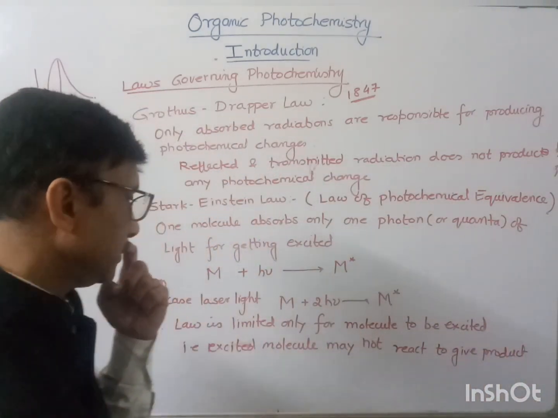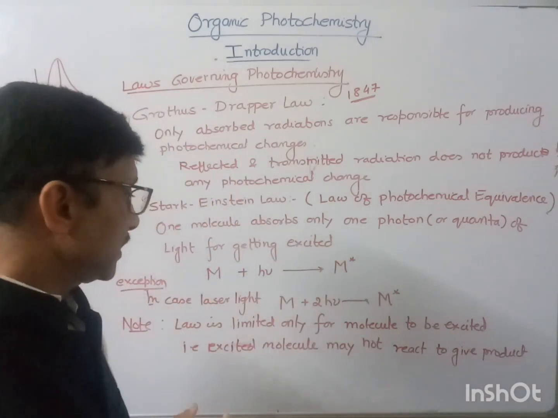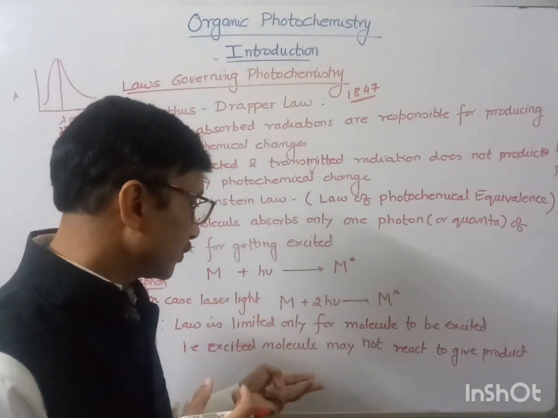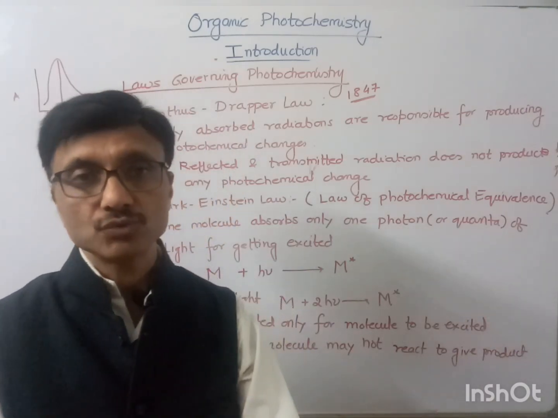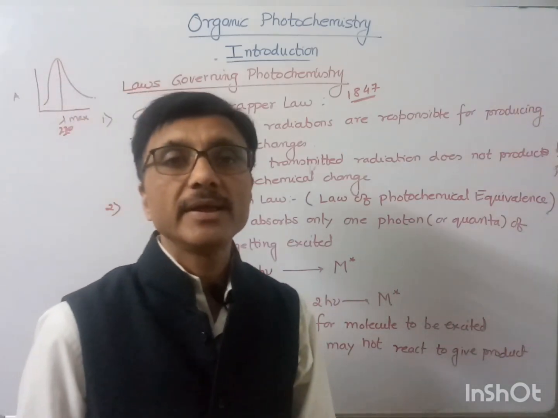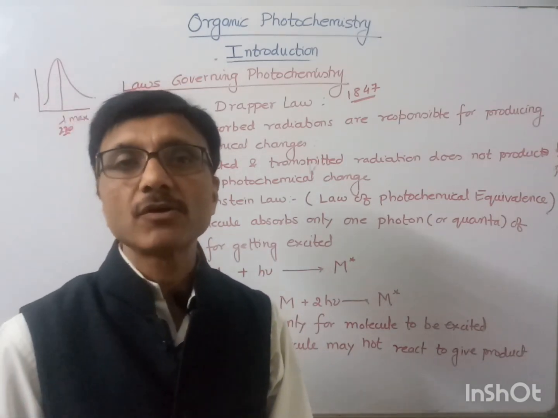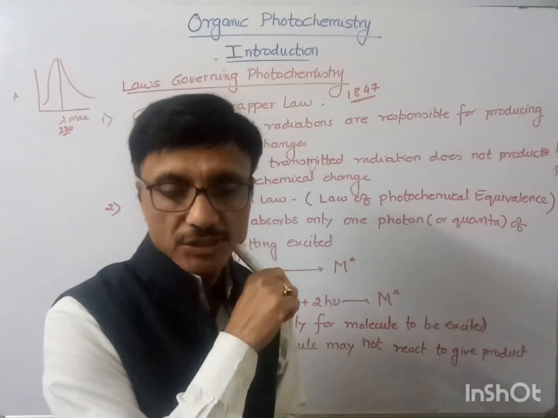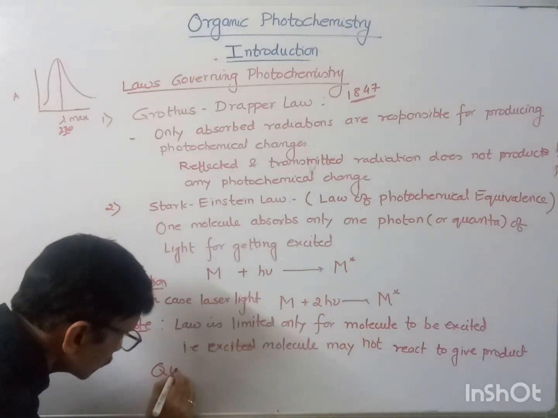So that's why we talk about the yield of product. In that case, the yield of product may be high or low. If the excited molecule undergoes chain reaction, then the yield may be very high. If the excited molecule gets deactivated in some way, then the yield of the reaction may be low, and that is called the quantum yield.